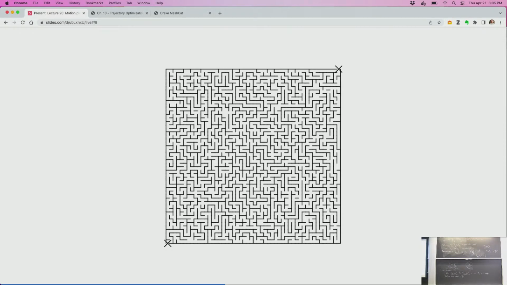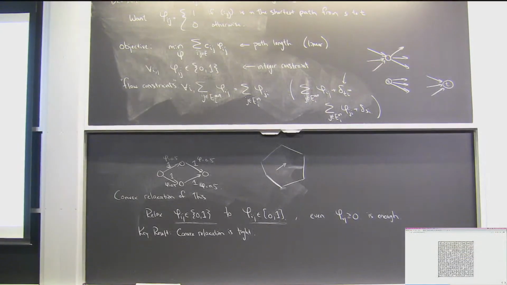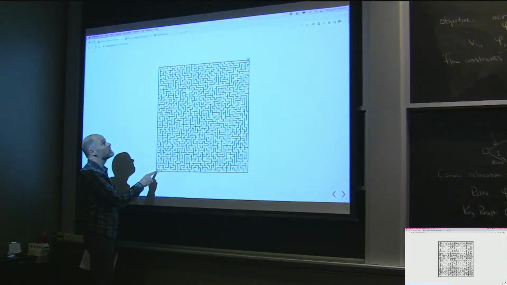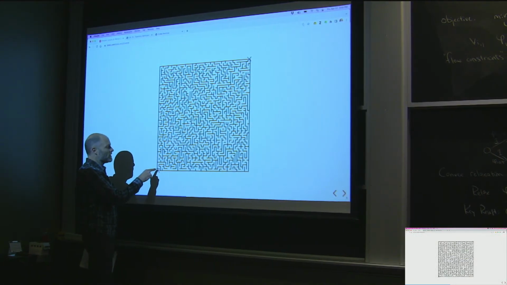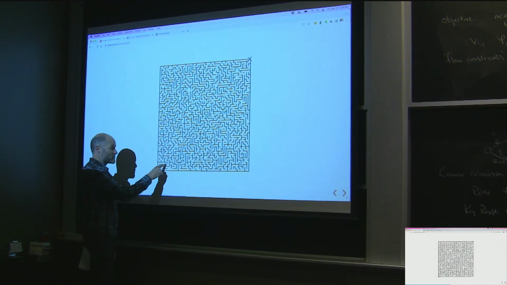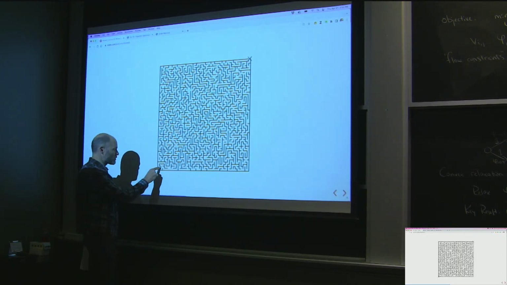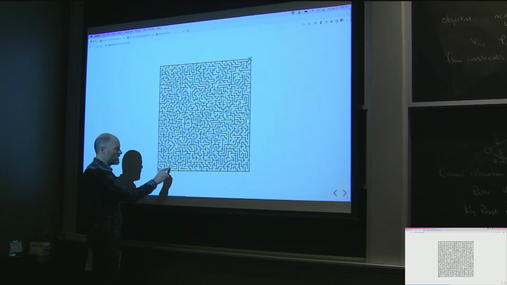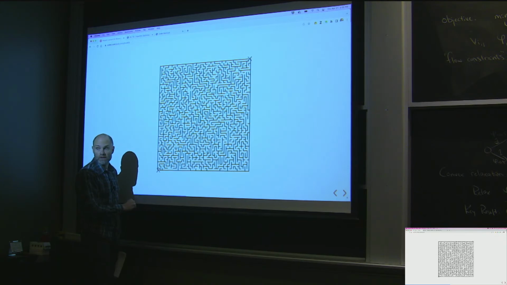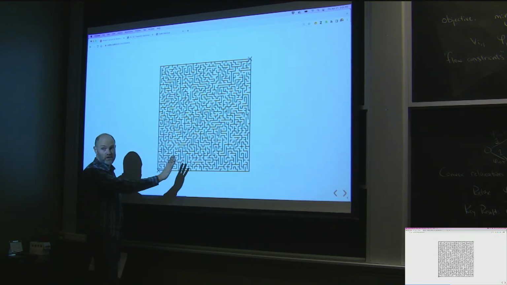If I was just solving this like in the Sunday paper, then I would think about this as just a graph. Even though it looks complicated, maybe hard for humans, for a computer I could just make a graph where there's a vertex at every box and an edge if there's no wall between the boxes. So graph search should just crush this problem. It shouldn't be a hard problem.